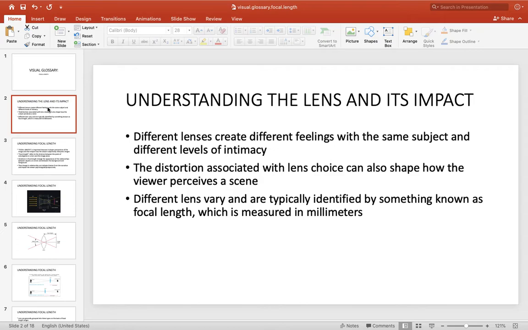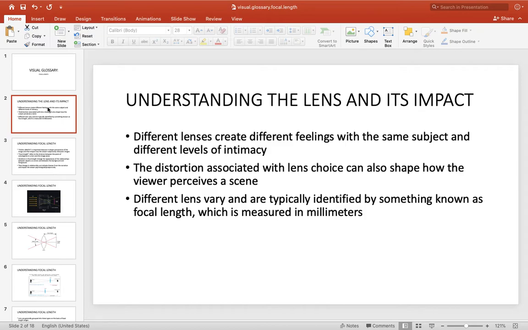Okay, so what is important to understand about focal length is, of course, that focal length is a consideration of the lens. Now, this is where sometimes the specific jargon or the specific technologies of cinematography can get confusing, okay? Because when we talk about focal length and the lens, we typically use a number to identify that particular lens.